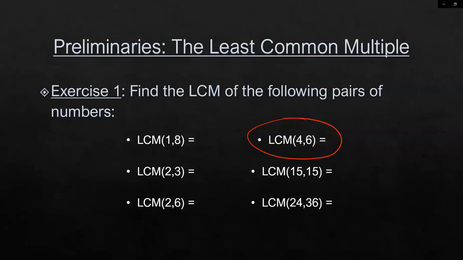And that is the least common multiple because that's the first number that both numbers have in common. Yes, very nice. This number that you mentioned appears in both of the multiplication tables. So we have 4, 8, 12, and then we have 6, 12, 18. So the first one is 12. That appears in both. So 12 is divisible by 4 and by 6. Okay, so that's the least common multiple. All right, very good.